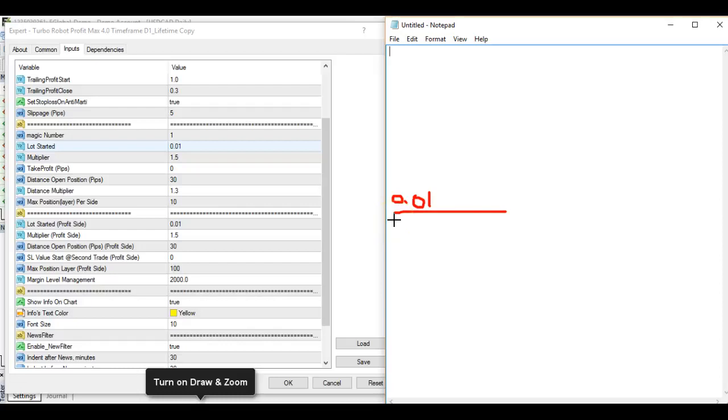Either way, whether you are on Euro US dollar, GBP USD, or any currency pair, as long as you're on the daily time frame over here, right? So this is your buy or sell trade. Let's say a sell trade.